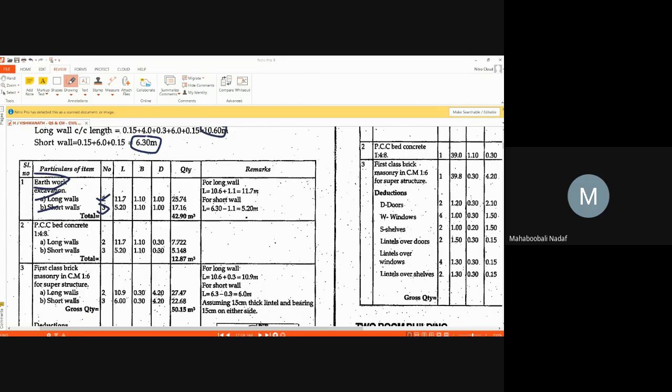1 second, 1 second. Nitin Patil, are you there? Omkar Yellurkar, are you there? Are you understanding the problem? Yes, sir.